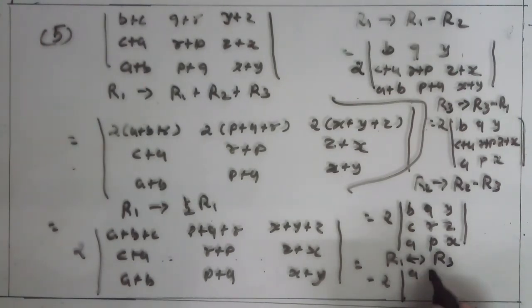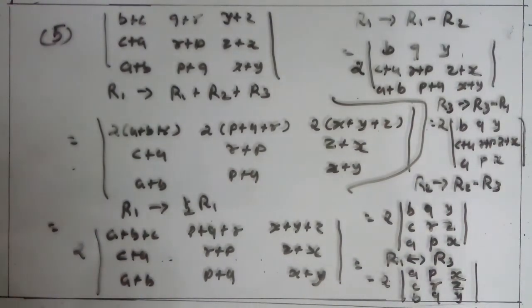So A, P, X, C, R, Z. Second row written the same, and the third row becomes this first, B, Q, Y. Clear?